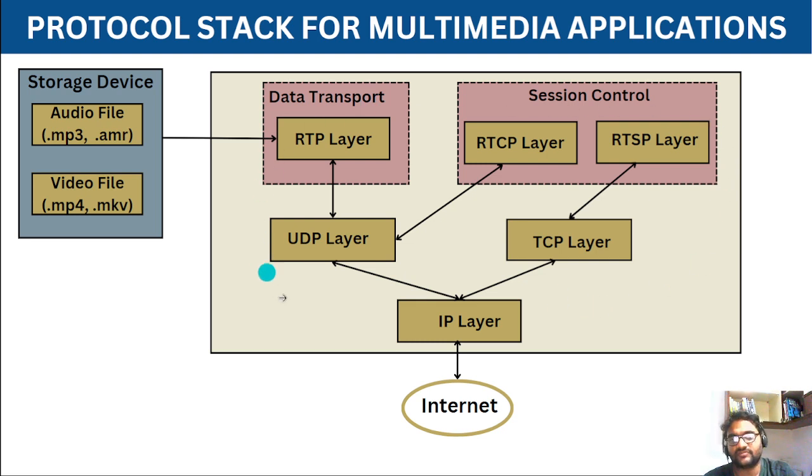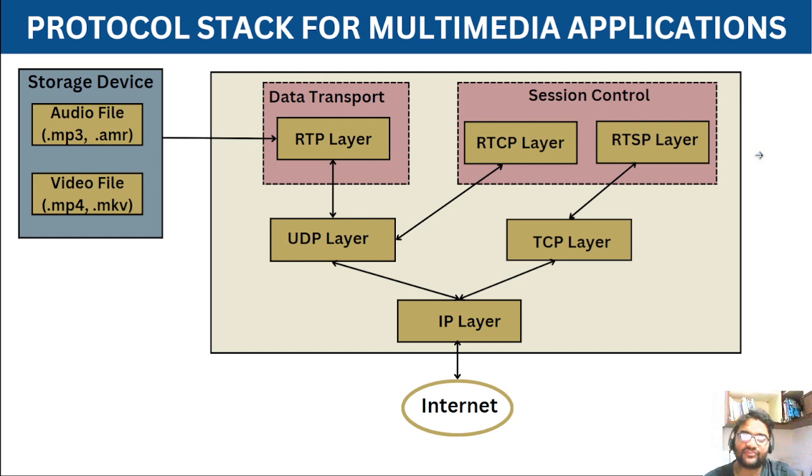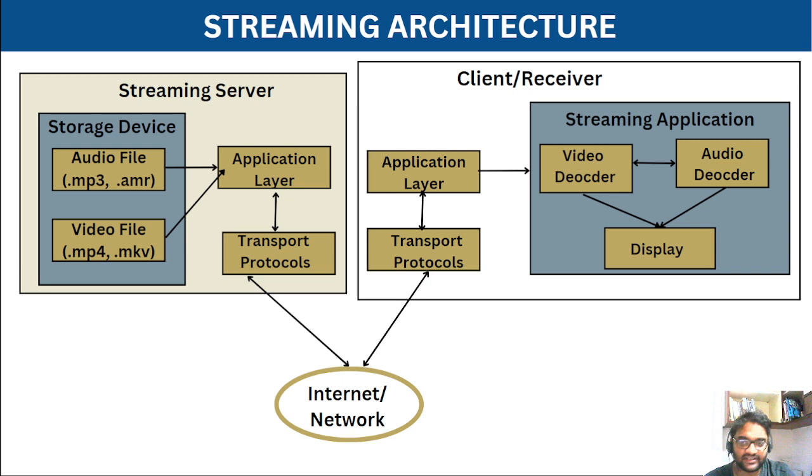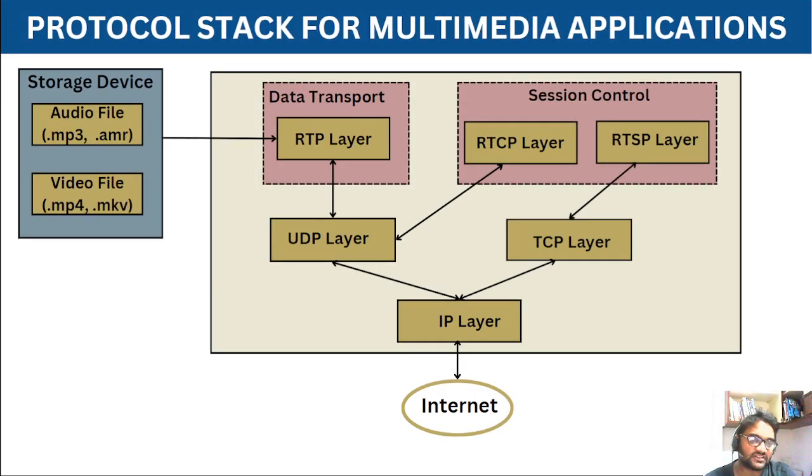So all this information is now passed to the IP layer, and from IP it is passed to the network, and from there it reaches the client. So this is how data transfers from the stack point of view. This is the architecture point of view, and this is the protocol stack point of view, how the data transfers from one layer to the other and finally reaches the internet layer, and from there to the client.